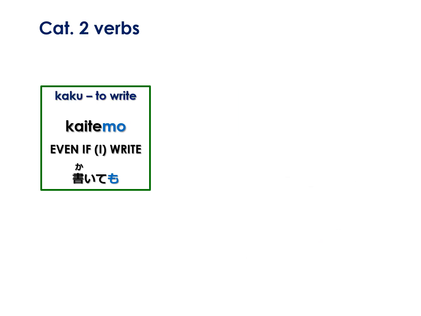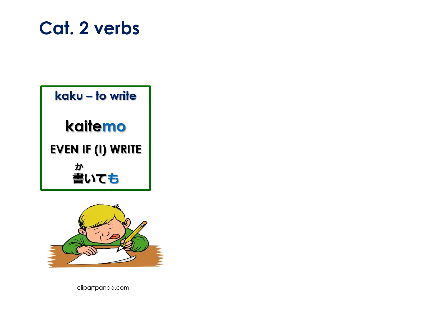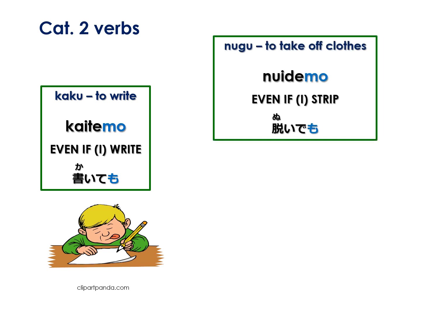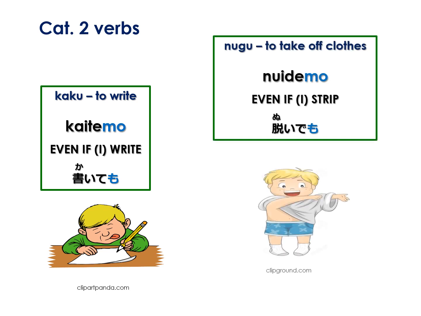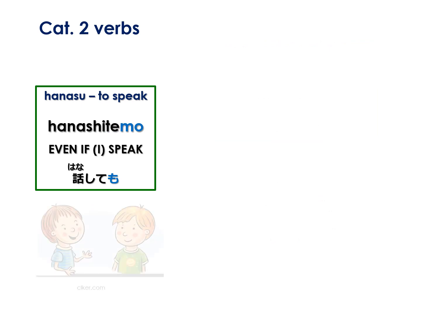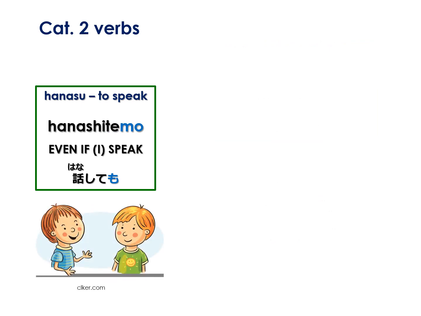And on to category 2 verbs. Kaku means to write, and kaitemo means even if I write. Nugu means to take off clothes, and nuidemo means even if I take my clothes off. Hanasu means to speak, and hanashitemo means even if I speak.